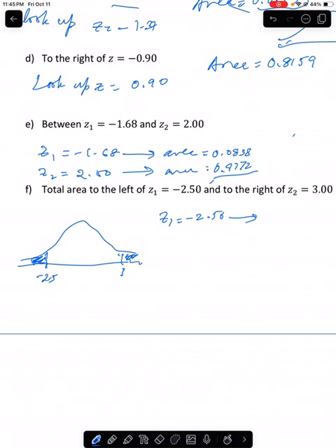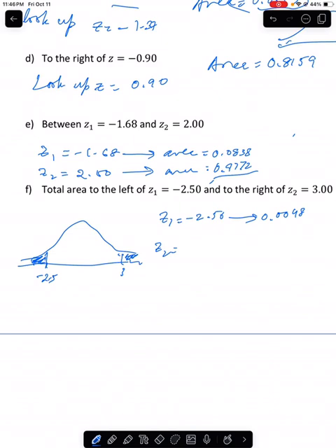And because these are tails, remember, we have to look for area to the right of Z2, so it means we should be looking at the negative of Z2.